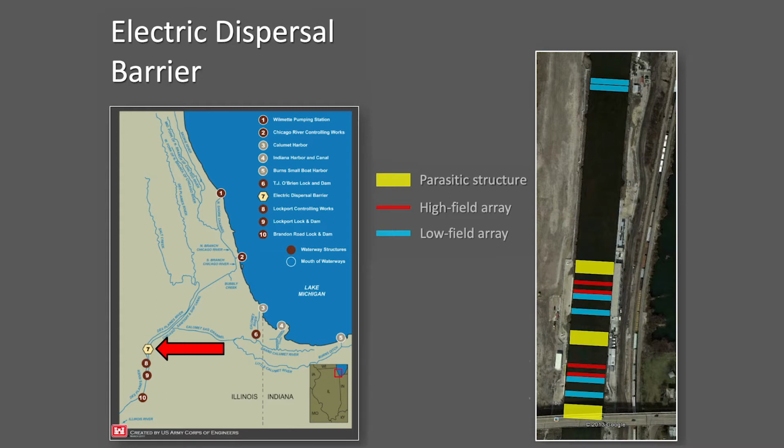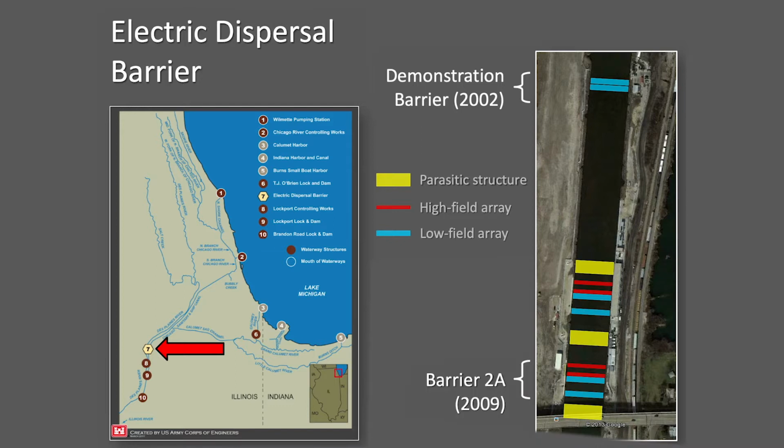And so there's a series here where, sorry, I can't see that one, but there was one created here in 2002 that's the demonstration barrier, after which we created ones that have much larger options in terms of the operating output, basically, for the electrical output.